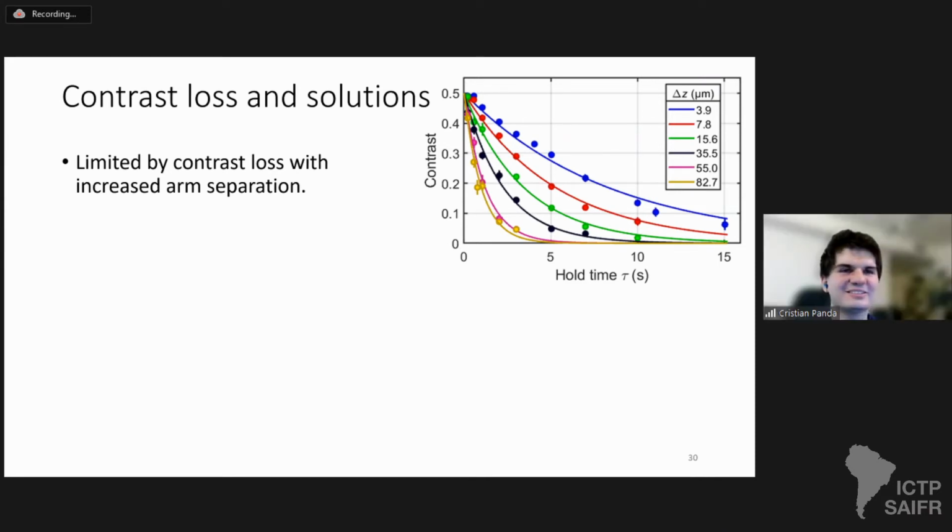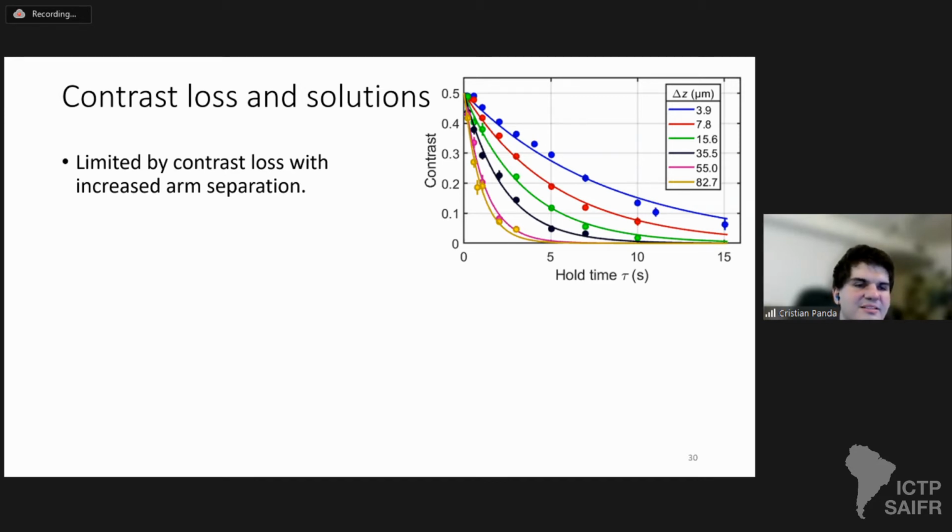Great. So let me continue then. While we have shown the ability to measure Earth's gravity with this amazing coherence time of 20 seconds, we're still developing this device. One of the limitations is that the coherence time of 20 seconds is only possible for a pretty small separation between the two arms of the interferometer, of only about 4 microns.